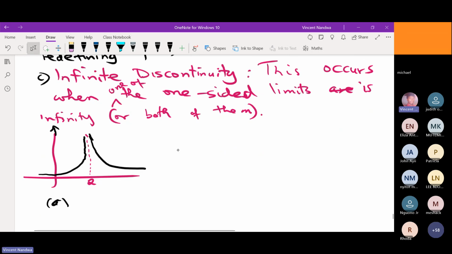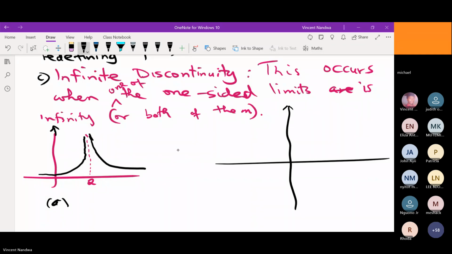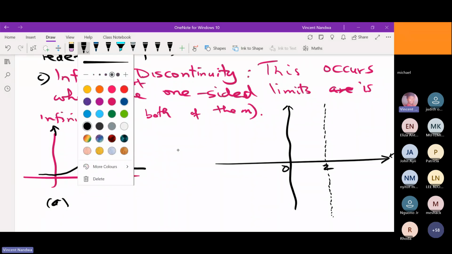And then another example of a sketch of a function whose discontinuity is of the infinite case, we can have this still at 2, this x 0, we have this graph.